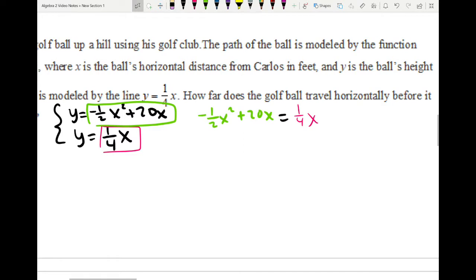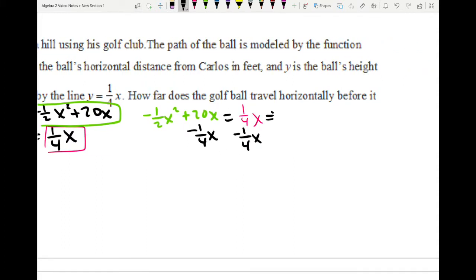Okay, so this is quadratic. You want to make one side equal to 0. So you're going to move this 1/4 x over to the one side by subtracting it. All right, so we have negative 1/2 x squared. Now you could choose to do this as a decimal. I'm going to keep mine as a fraction.